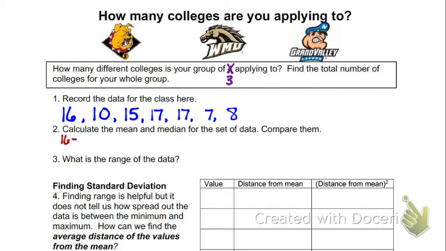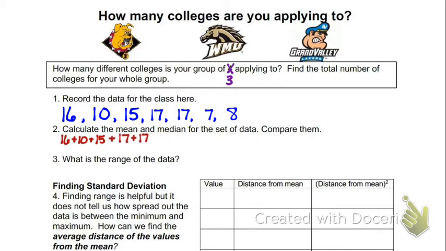So I've got 16 plus 10 plus 15. That's what, 30, 41 plus 15. So 56 plus 17 plus 17. Where you get the other 15? Oh, thank you. I wrote 15 twice. Thank you for saying something.